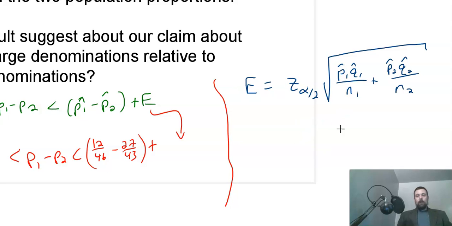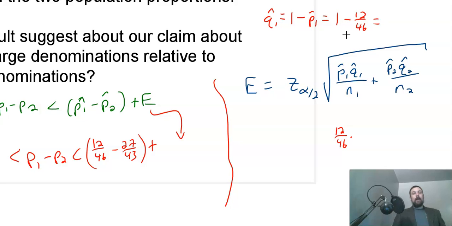So P1 hat we already know is 12 over 46, times Q1 hat, which is 1 minus P1 hat. Let's use that shortcut again that I talked about earlier. This will be 1 minus 12 over 46.